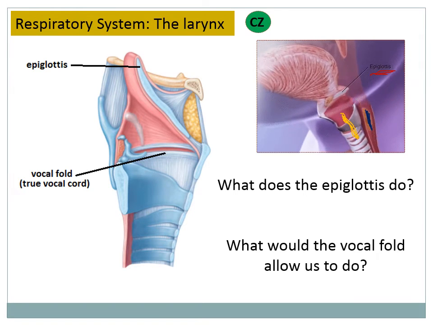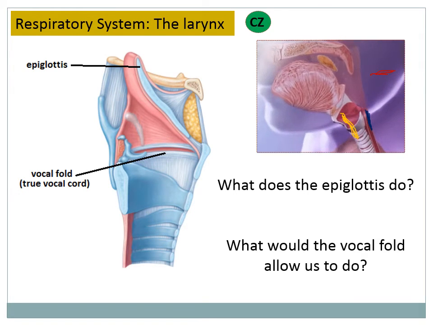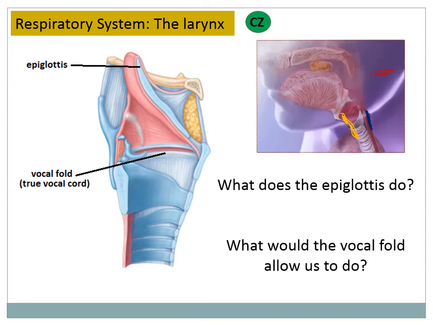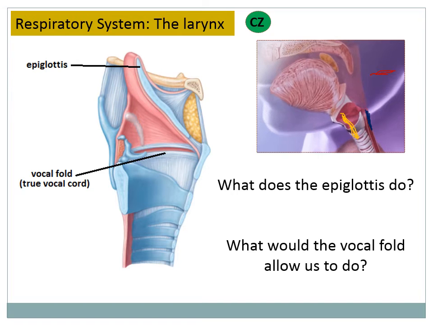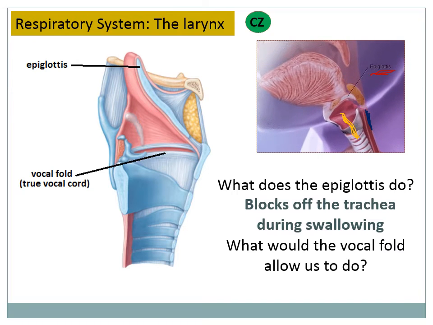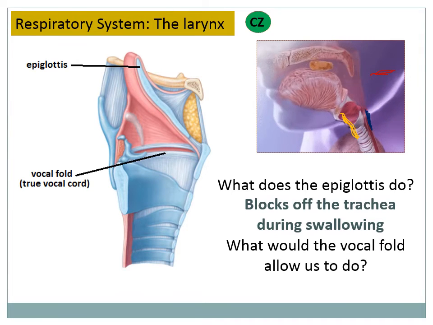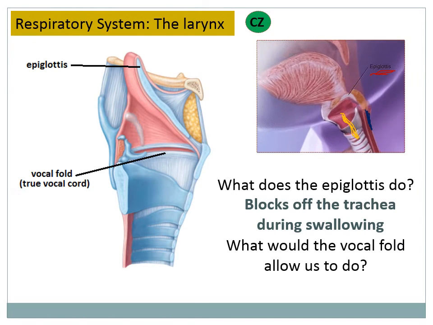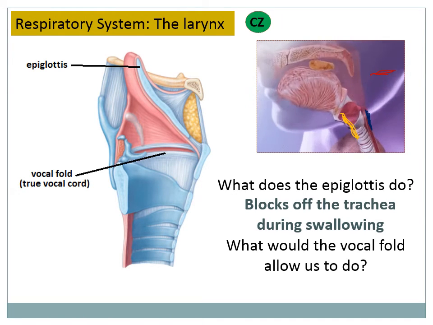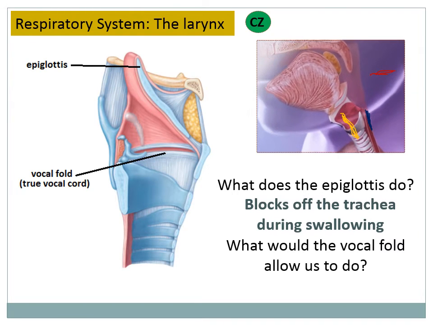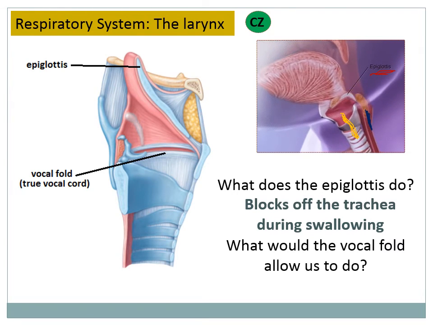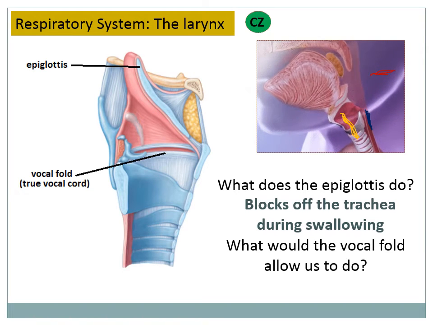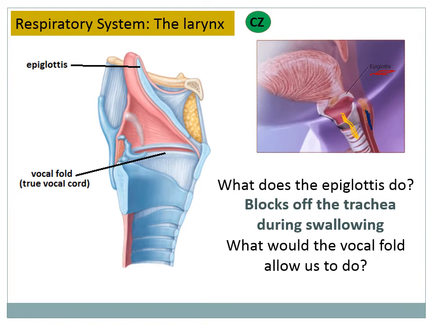Okay, so when we look at the epiglottis, we see from this little animation that it's essentially closing off our trachea so that food goes down the esophagus when we swallow. Okay, so your epiglottis is going to be blocking off that trachea during swallowing so that we only get food into the esophagus. Okay, we want the food in the esophagus. So that's what your epiglottis is doing.